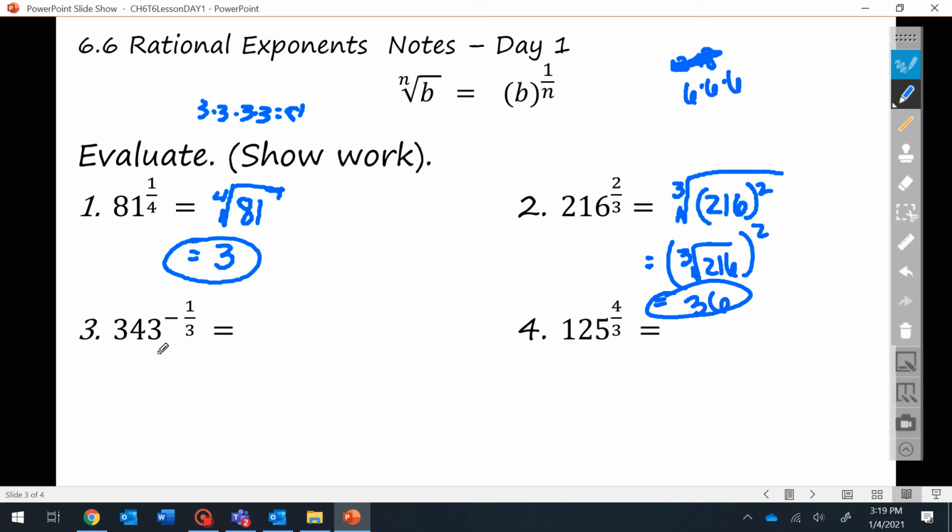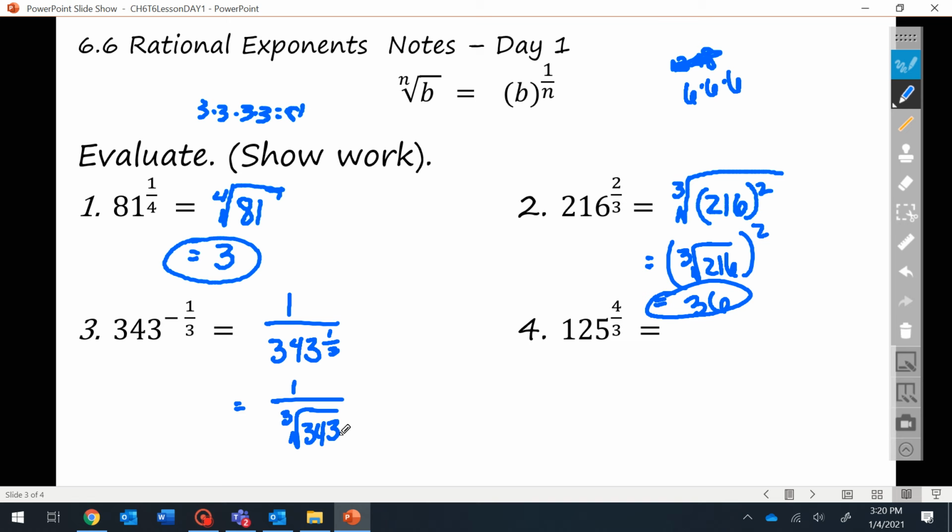Okay, 343 to the negative 1 over 3. Remember, a negative exponent means it should be in the denominator, so this is 1 over 343 to the 1/3 power. So this is 1 over the cubed root of 343.